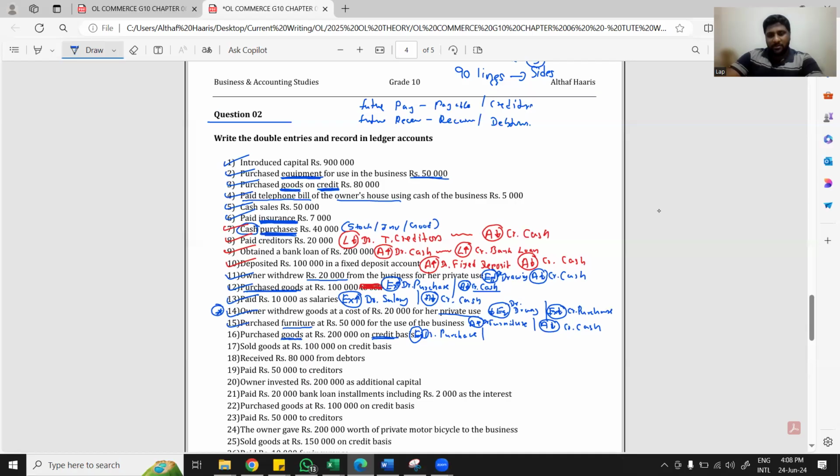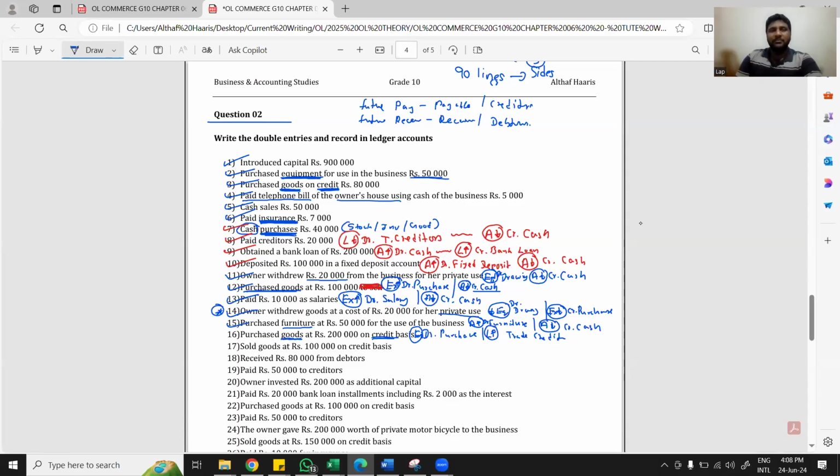Good. So here you can write credit trade creditors. My liabilities are increasing because I have to pay that 2 lakhs. Liability increases. Check the paper now.